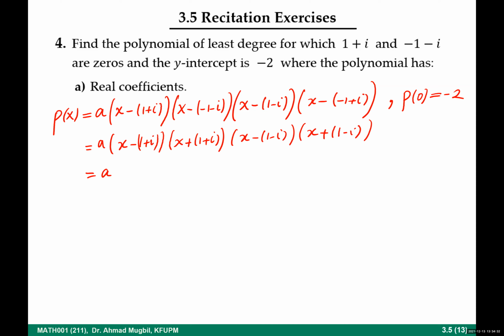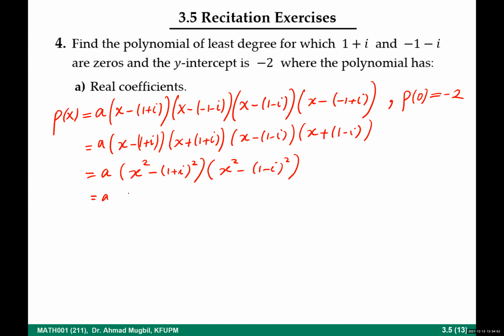Similarly, now the first two factors are a difference of squares. So it will be x squared minus 1 plus i all squared, multiplied by x squared minus 1 minus i all squared.